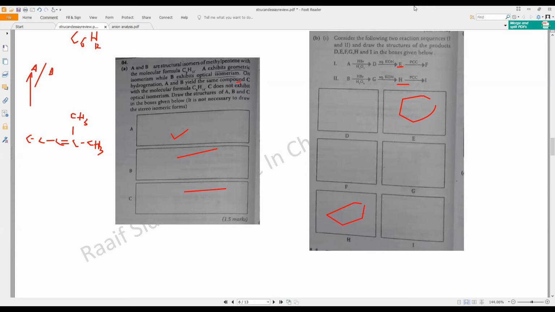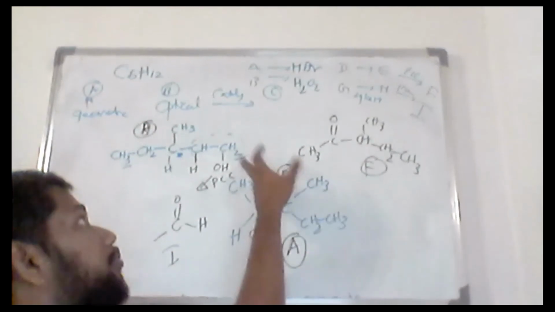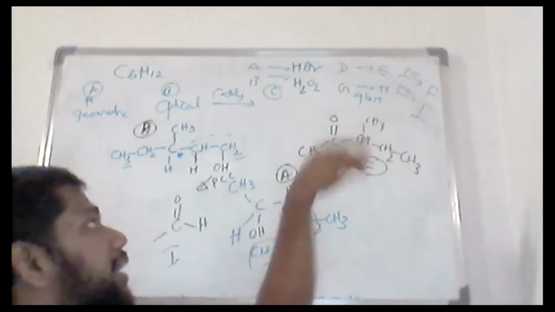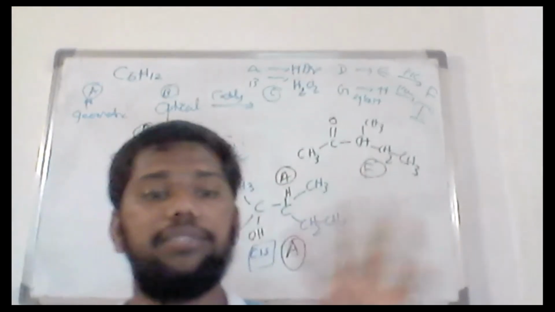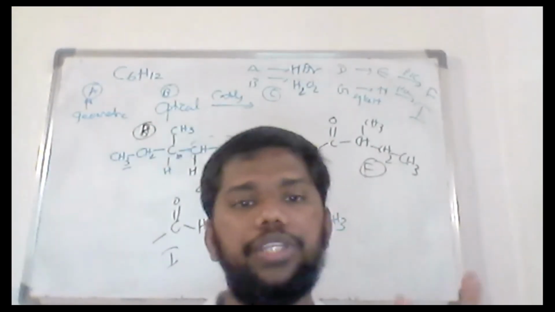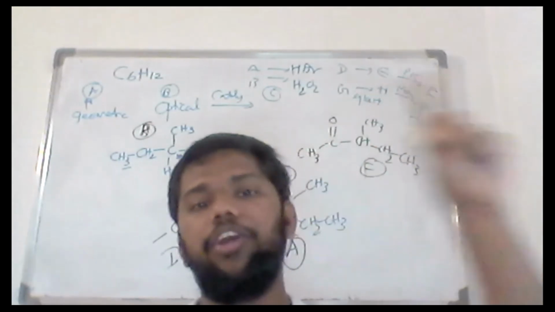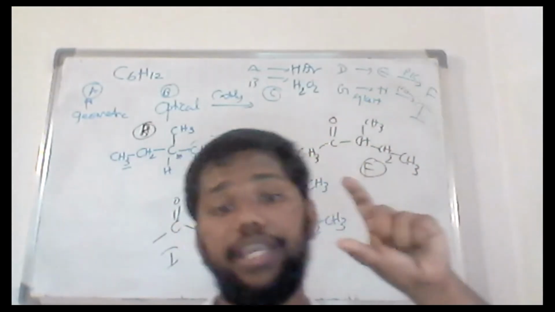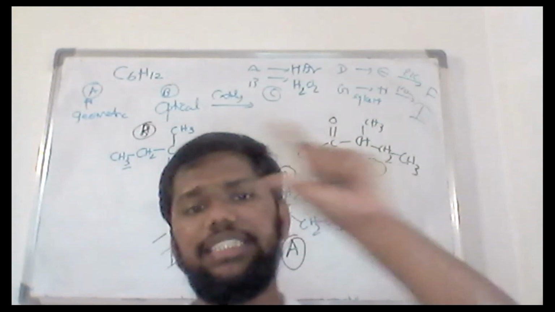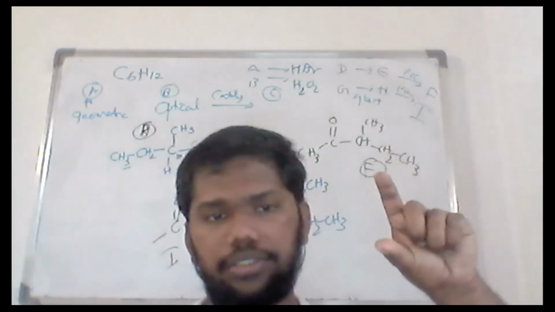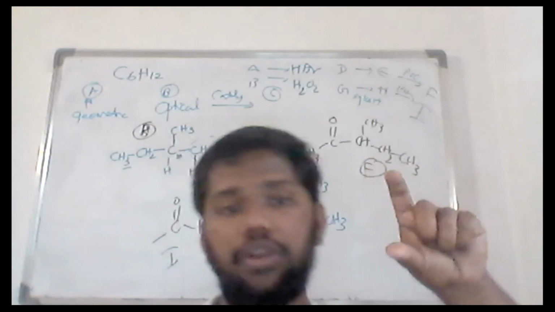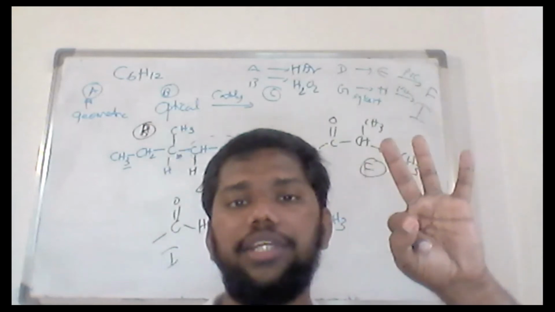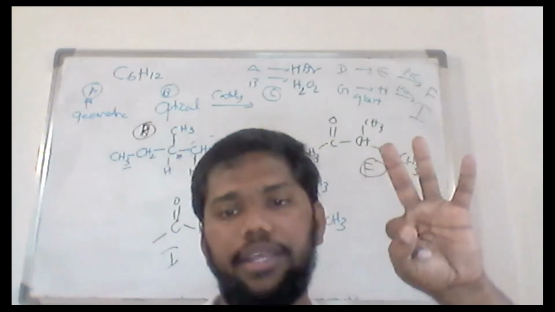Okay, if I stop sharing, then you can see. In the second case, the OH is here. What is the relationship between these two? Is the position of the OH changed or not, is the chain different or not, or is the functional group different or not? These are the three things that you need to understand when you're comparing, right?